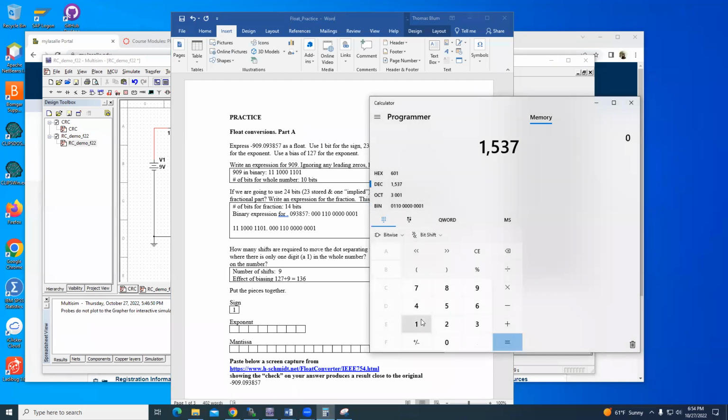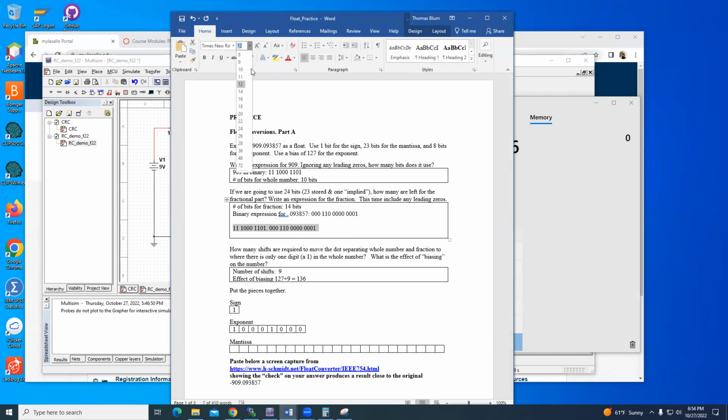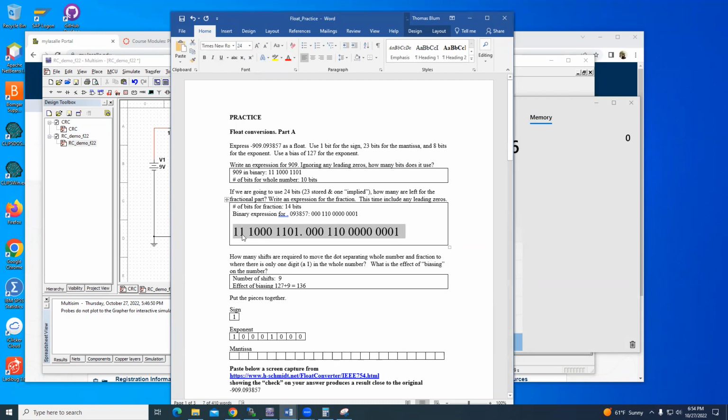So let me go here and put in 136. And there's 100, 1000. So that should be my exponent: 1000, 1000. And my mantissa is this 24-bit thing, except I don't store this leading 1.